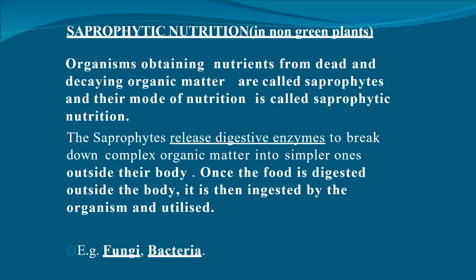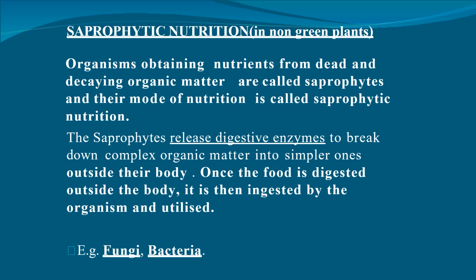These saprophytes release digestive enzymes to break down complex organic matter into simpler ones outside their body. So this kind of digestion happens outside the body, in contrast to human beings, wherein the digestion takes place inside the body. In saprophytes, once the food is digested outside the body, it is then ingested by the organism and utilized.